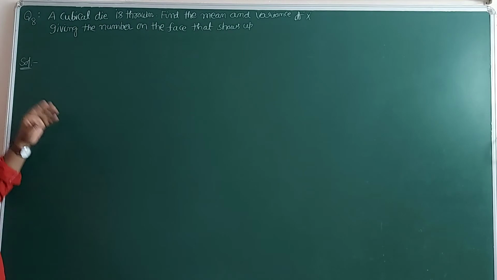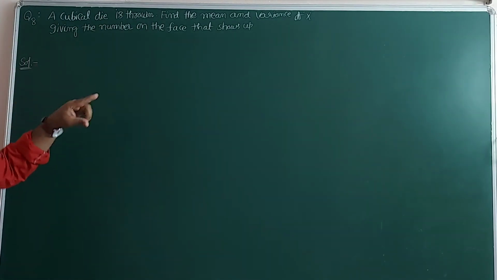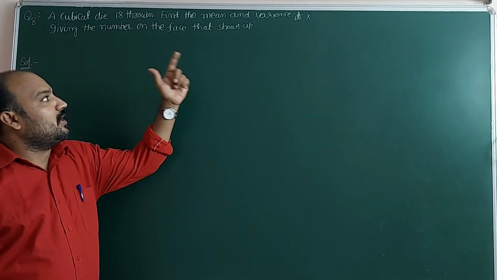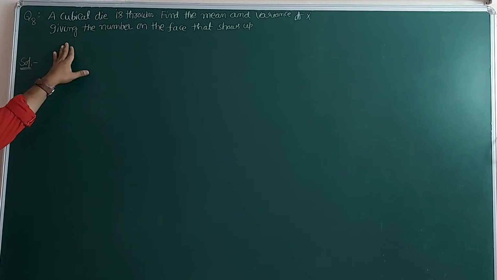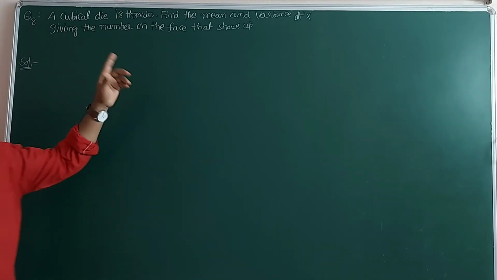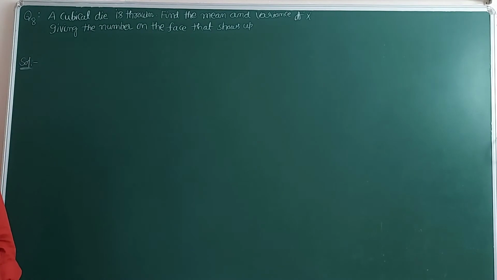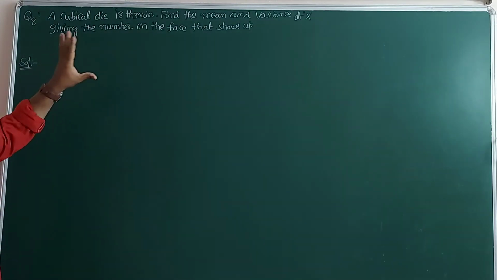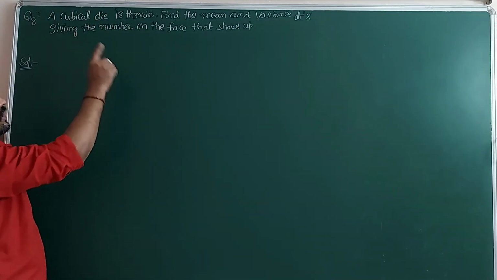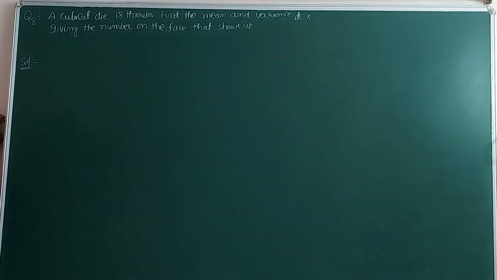See here, a cubical die is thrown. Find the mean and variance of x, giving the number on the face that shows up. So for that, ultimately a cubical die is thrown.